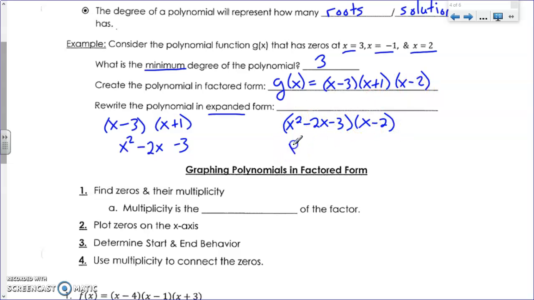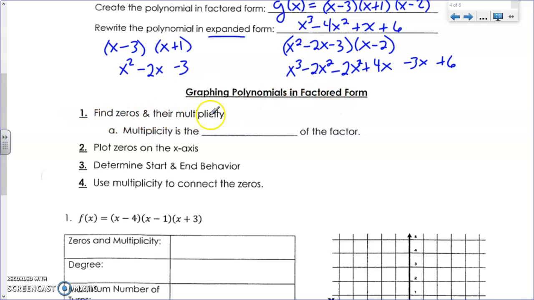I distribute, and I get x cubed minus 2x squared minus 2x squared plus 4x minus 3x plus 6. So I get x cubed minus 4x squared plus x plus 6.